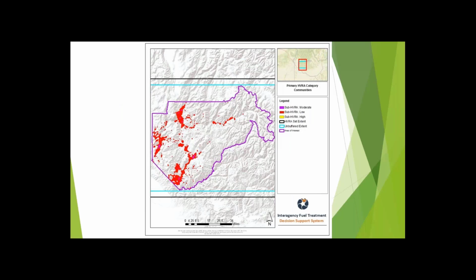For example, here's the map from the exposure analysis report to give a big picture perspective for the community's HVRA data in Boise County. You can see from the legend that most of the communities in Boise County fall into either the low density category, which is shown in red, or the moderate density category, shown in purple.